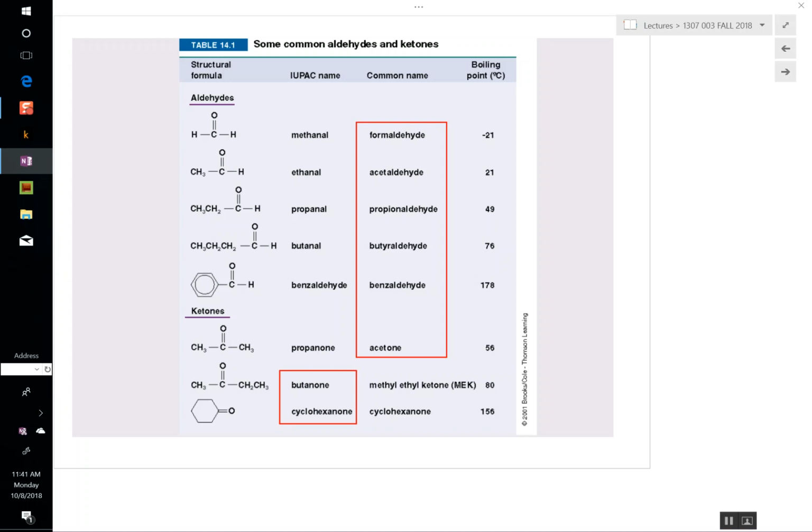Formaldehyde. How many of you have heard of formaldehyde? How many of you have heard of methanal? We don't call it methanal. That's its official IUPAC name. But it is most commonly referred to as formaldehyde. Okay, so you need to know that. You need to know what formaldehyde is. It's a single carbon aldehyde.